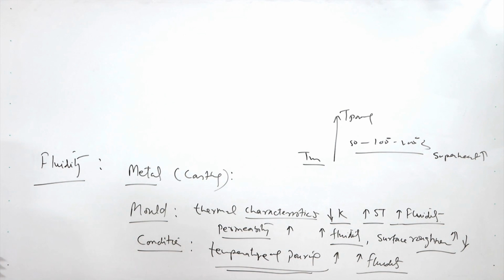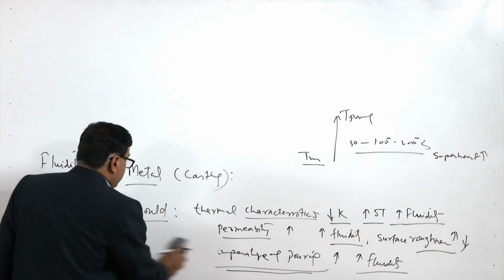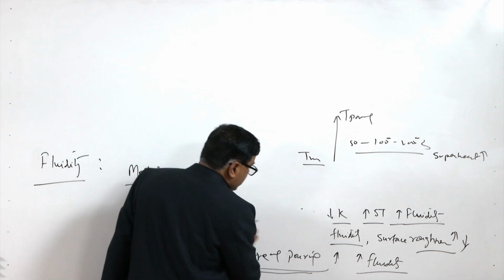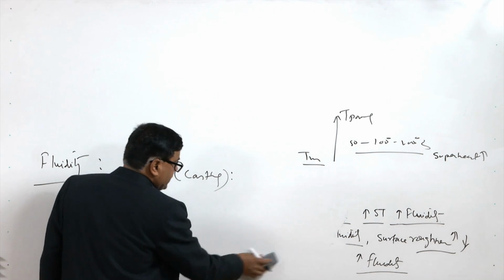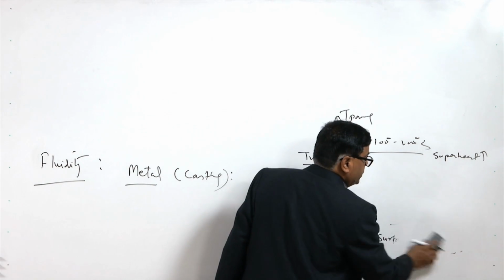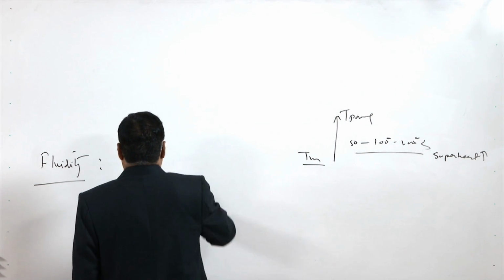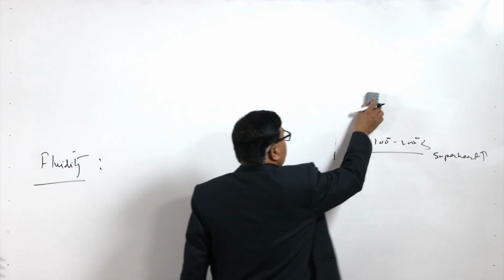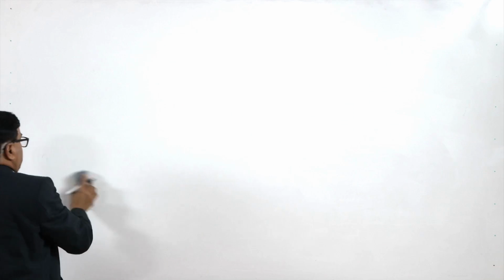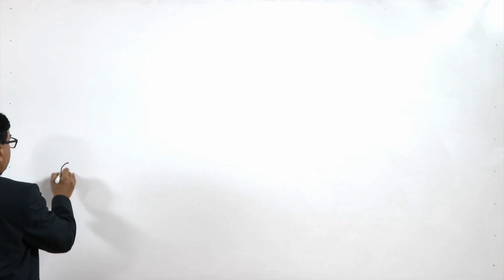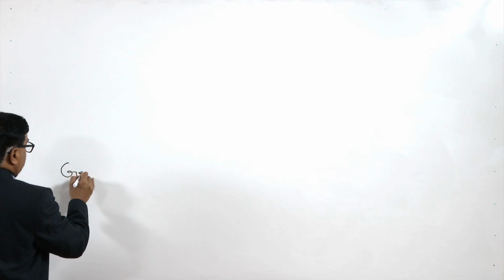Apart from this, some empirical relations have also been developed in order to estimate the fluidity of the molten metal of some of the categories. So, one typical empirical relation I will be mentioning here related with the fluidity is for the grey cast iron.